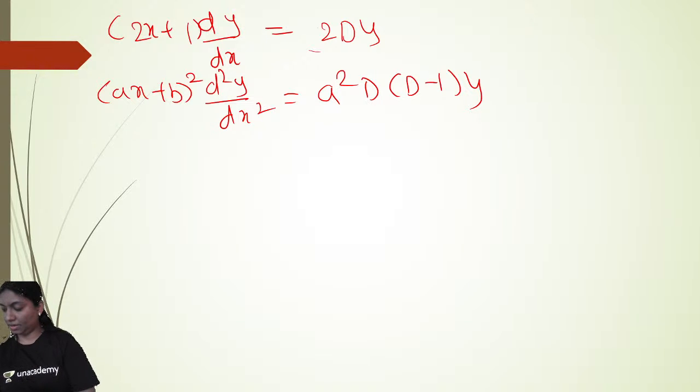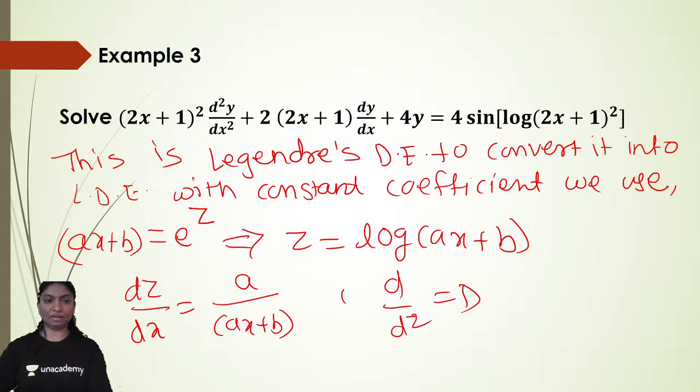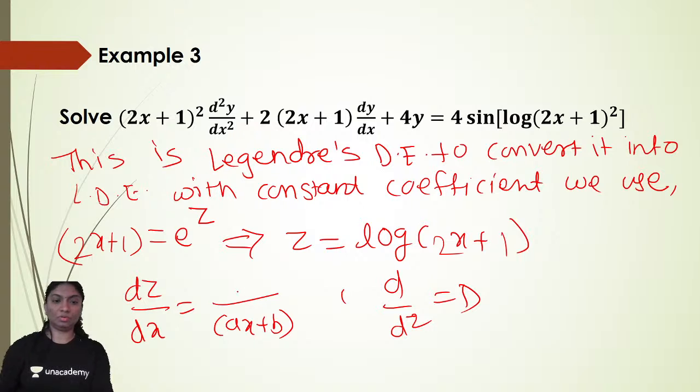So once you get here 2 into Dy, your differential equation becomes, z is equal to log of 2x plus 1. So dz by dx is equal to 2 upon 2x plus 1.